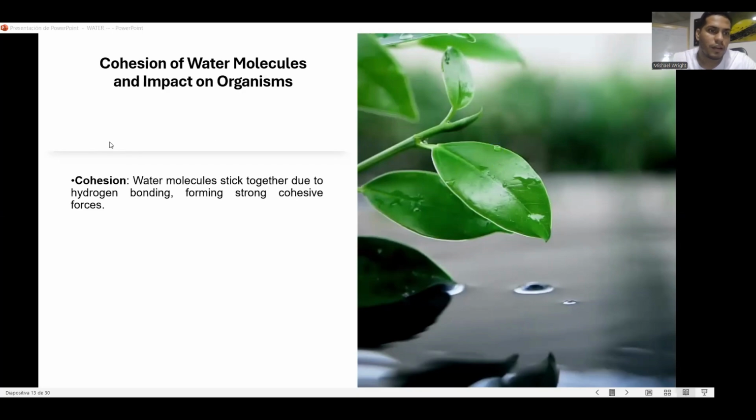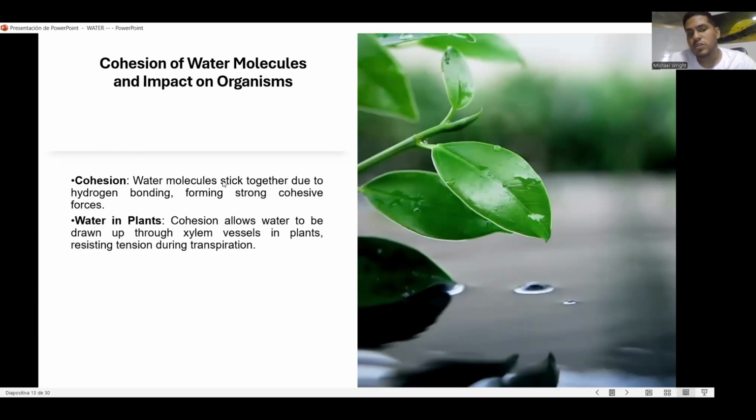Okay, so what's next? Water in plants. Cohesion also allows plants to carry out their photosynthetic process, and cohesion allows water to be drawn up through xylem vessels in plants.